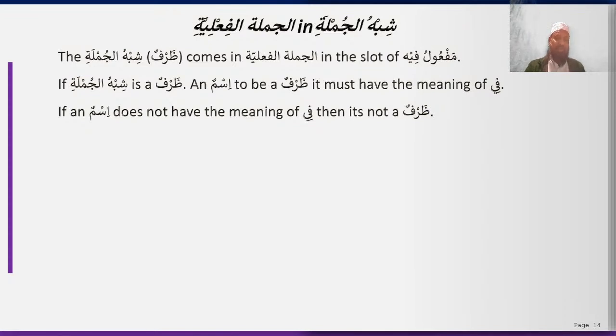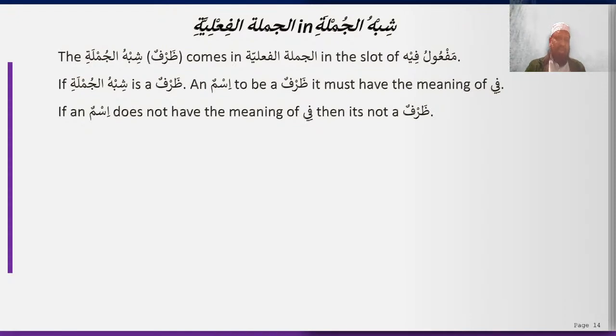So if an ism does not have the meaning of في, then it is not a ظرف, even though it is from the group of ظرف. So for any ism we need to think, does it have the meaning of في? Then we'll call it a ظرف, then it will be مفعول فيه. If those isms don't have the في meaning, it is not going to be مفعول فيه. It is going to be according to the slot.